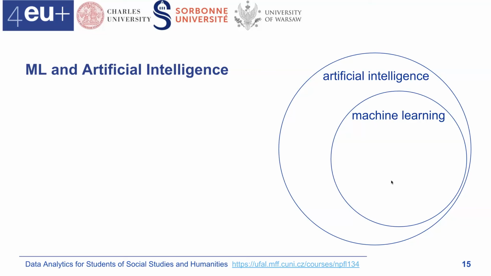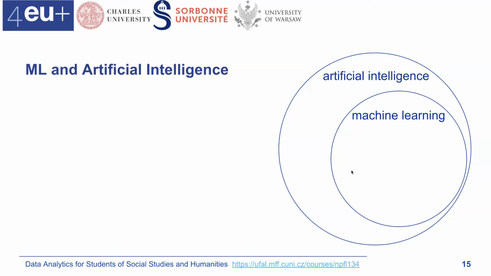Artificial intelligence, on the other hand, encompasses a wider range of approaches, including rule-based systems, expert systems, symbolic reasoning, knowledge representation, and other techniques beyond data-driven learning.